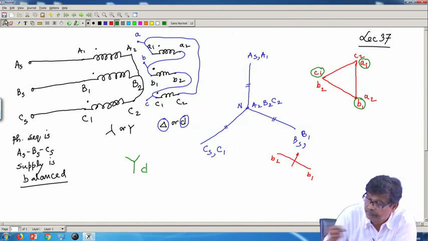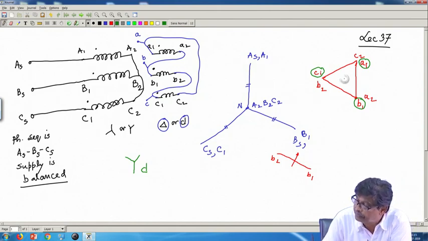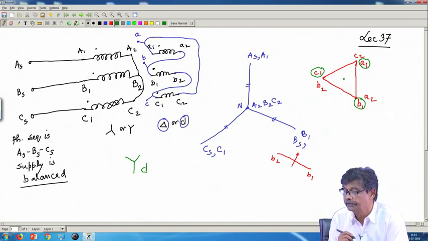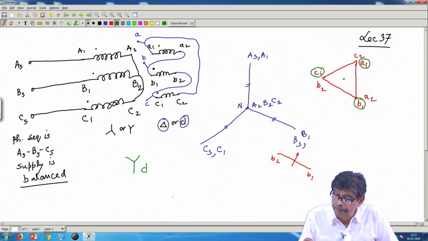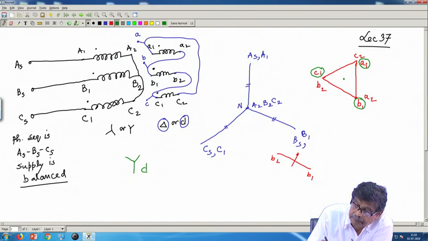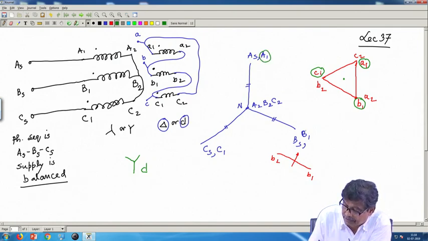Got the point? So, this is the neutral. Okay. So, you see that this triangle we have identified a1, b1, c1. Similarly, you circle the primaries, with respect to this we will be talking.